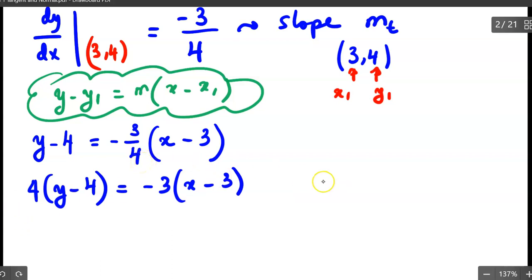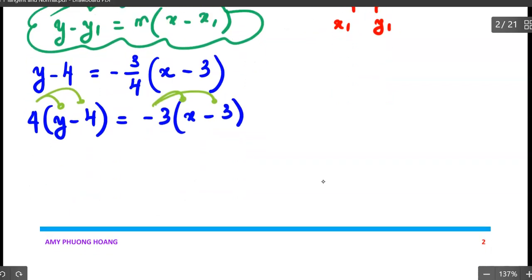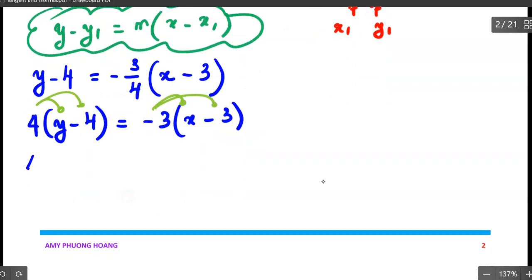So now you can multiply it in, or distribute the term. When I distribute, I will have 4y subtract 16, equal to negative 3x plus 9. So now you see you have all integers. The coefficients are integers, and the constant is an integer.